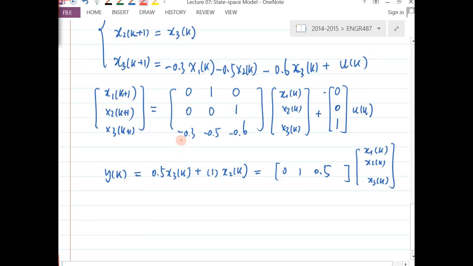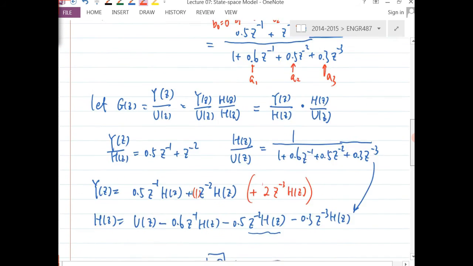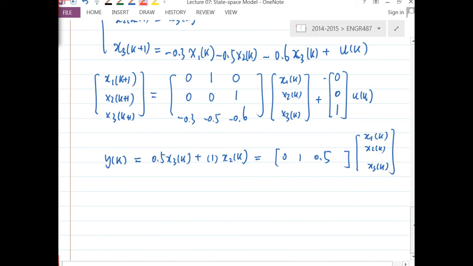This negative 0.3, which one is that? 0.3 is A3, so this is negative A3, negative A2, negative A1. And what about the output equation there?